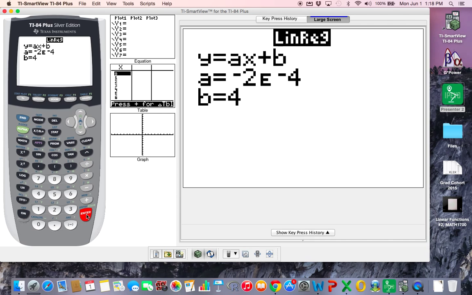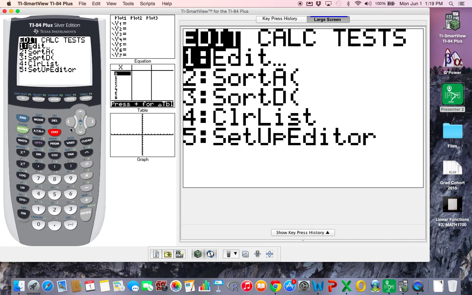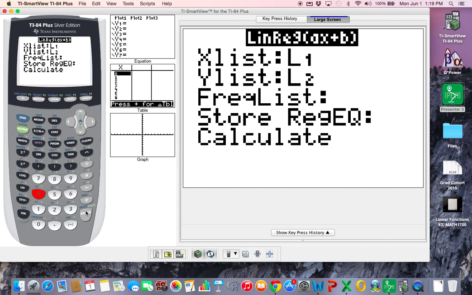It gives us scientific notation. Now, guys, if this kind of annoys you, something you can do is you can come into mode. And it actually has float and it has normal. So, yeah, I guess that's about as good as we can do. So let's just go ahead and get used to the scientific notation.